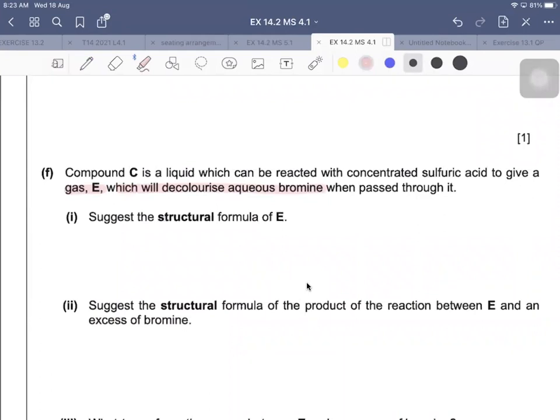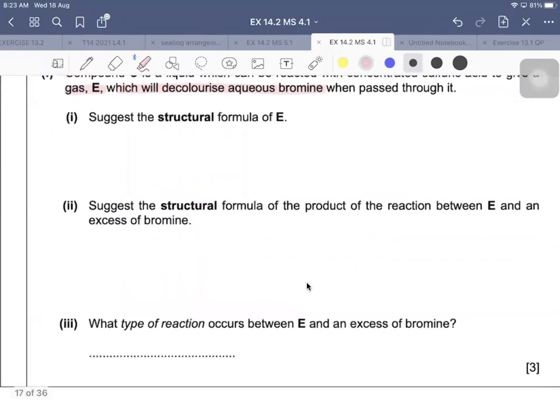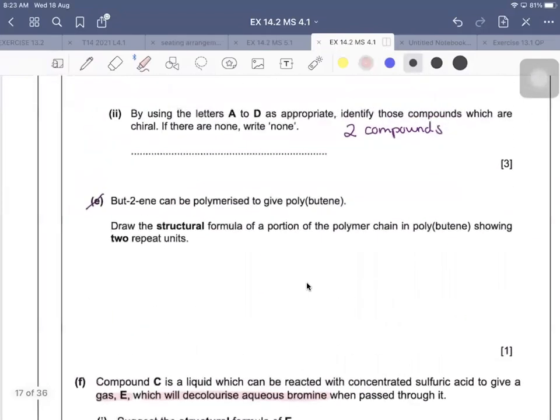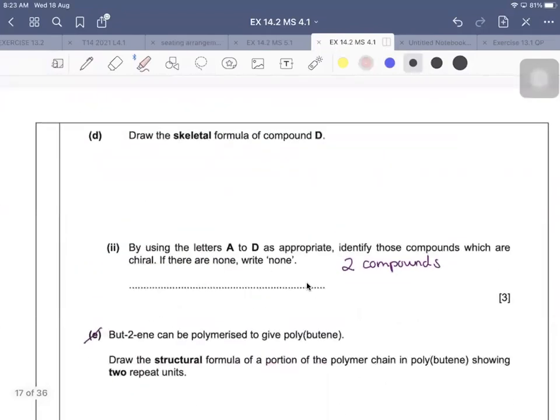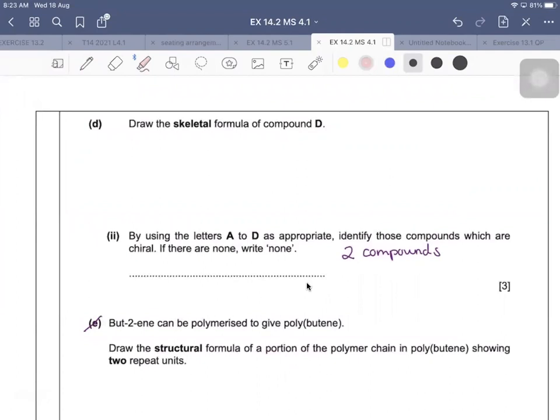Okay, we'll skip that. So you have that question D to do, right? If you don't have time to do it now, you can continue later on.